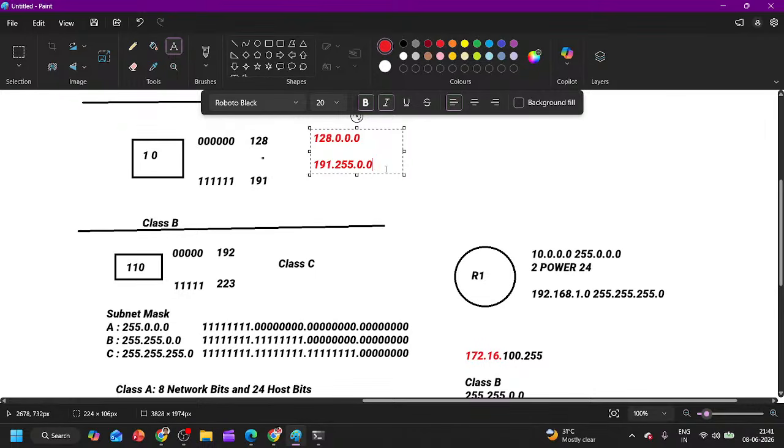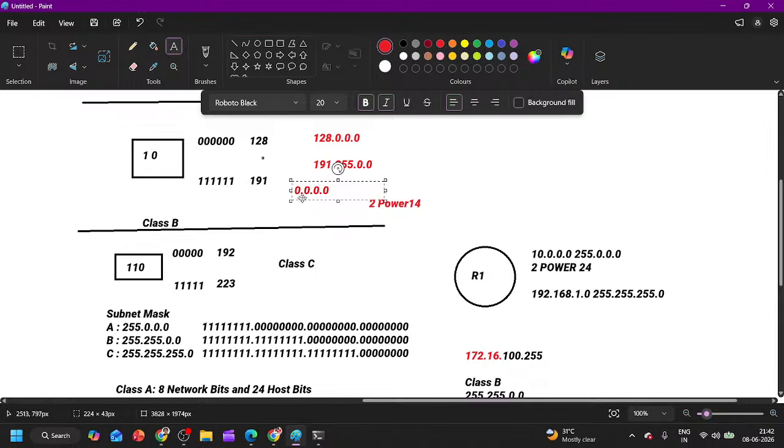These are a total of 2 power 14 networks. If you calculate and go deep here, you will see that 2 power 14 networks are available in class B IP addresses. And if these 2 bits were not reserved, then 2 power 16, because after that all bits 0 means my first network would be 0.0.0.0.